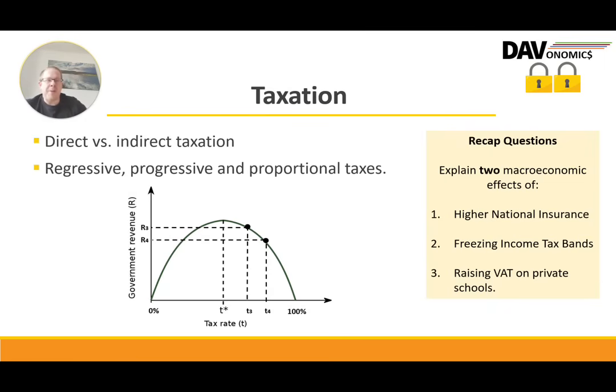So if lots of businesses left the country, even if the corporation tax is higher, you might get less tax revenue overall because there are fewer companies paying tax. And this is called the substitution effect outweighing the income effect. So it's worth knowing the income effect, substitution effect, Laffer curve. If you get anything on taxation, it's a lovely evaluation point that you can use.